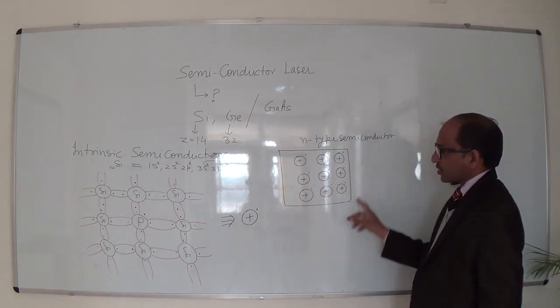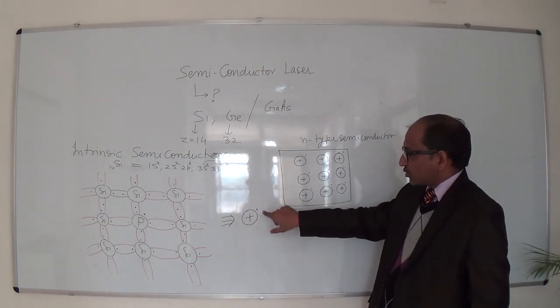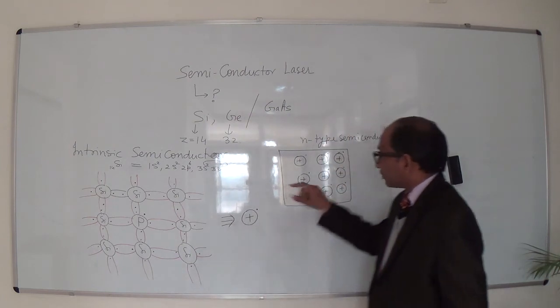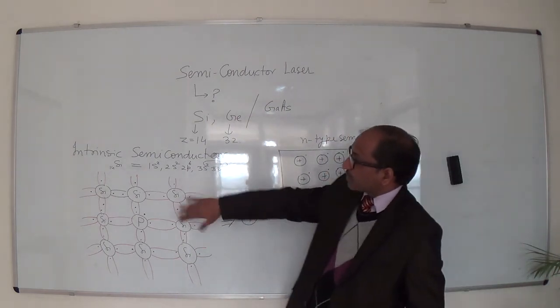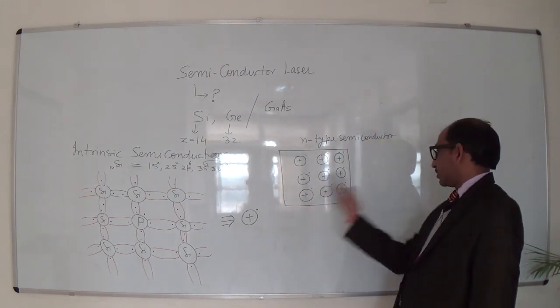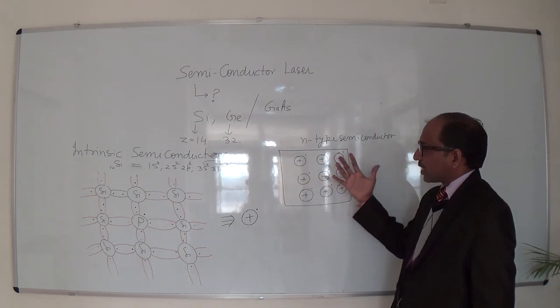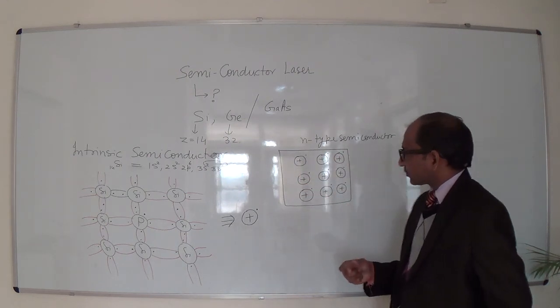That's why the combined representation of the single ion and electron gives this picture. The second one repeats the same, and the lower one repeats the same, so this is a combined picture of n-type semiconductor material.